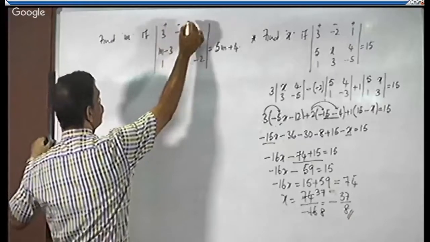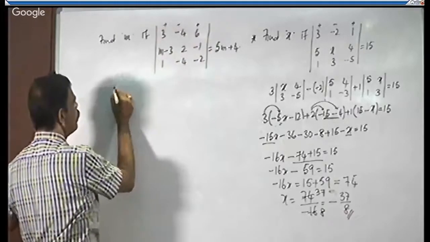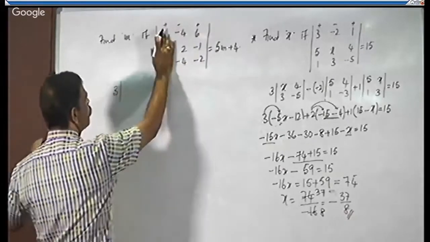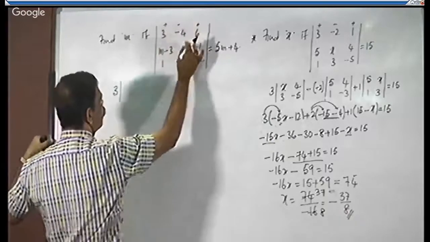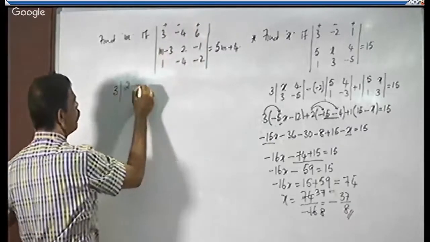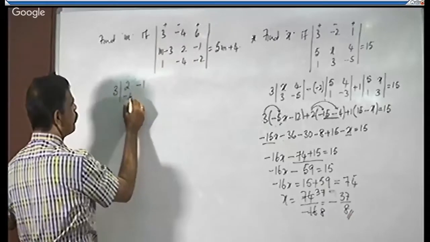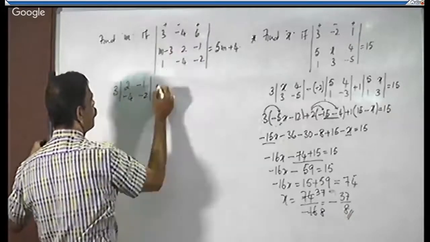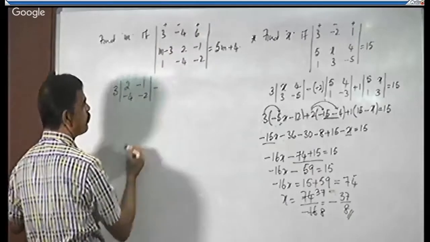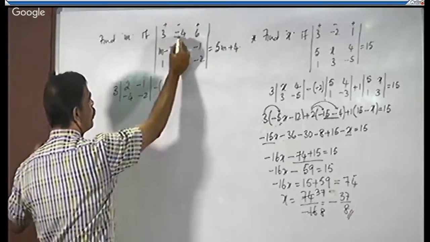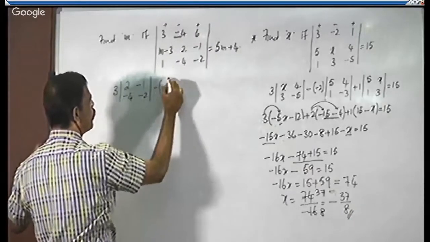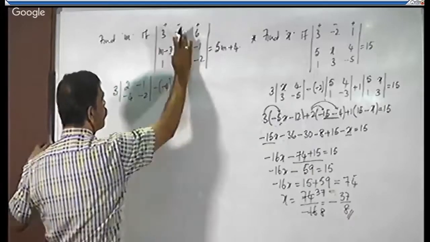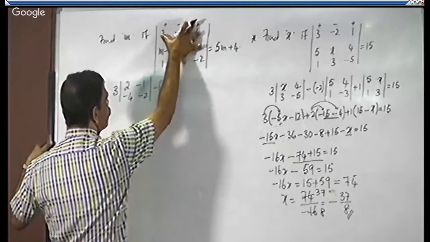Plus, minus, plus. 3 into, leave the column and corresponding row. 2, 1, minus 4, minus 2. Minus of, formula minus or standard sign, into the second element, which is minus 4. Minus 4 into, leave the corresponding column and corresponding row.